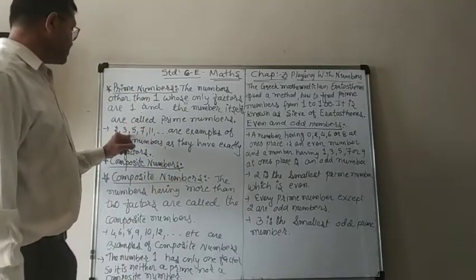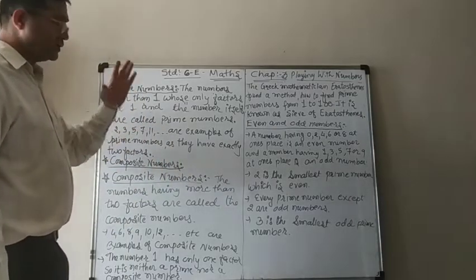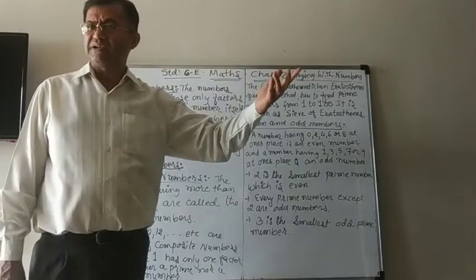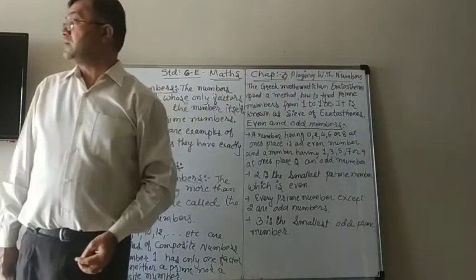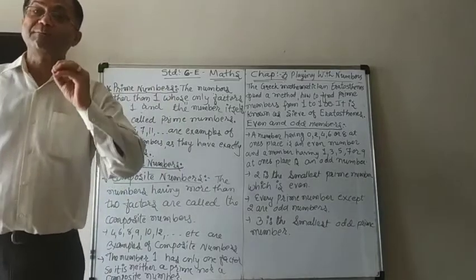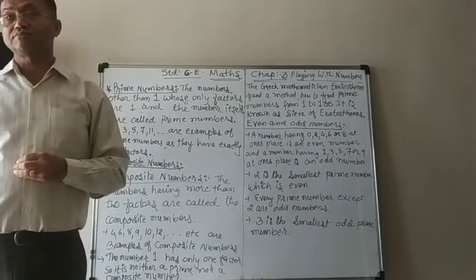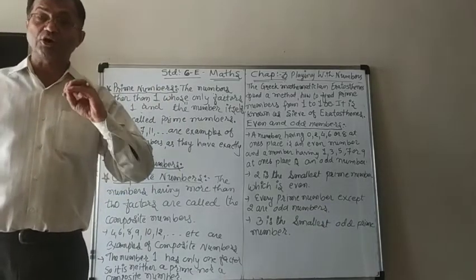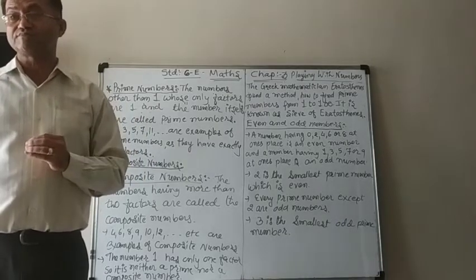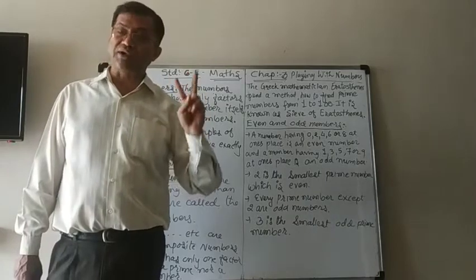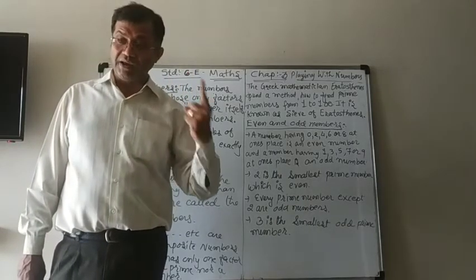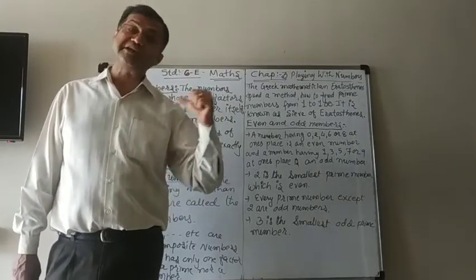So 2, 3, 5, 7, 11, then you will get more: 13, then 17, then 19 and so on. These all are called prime numbers. I hope it is clear in your mind why they are prime numbers: because they have only 2 factors, 1 and the number itself.